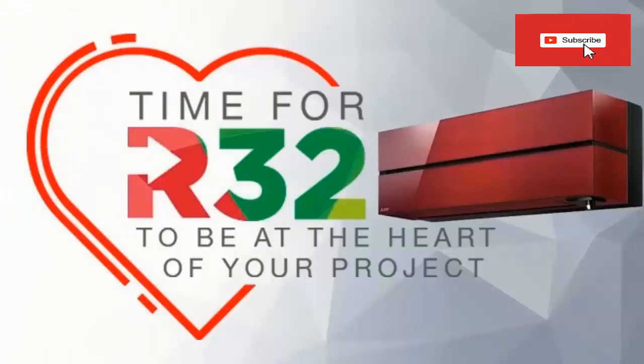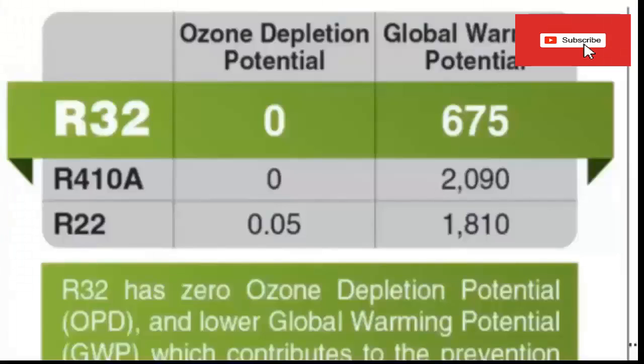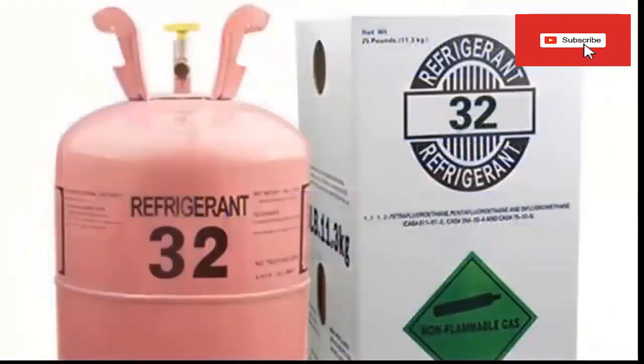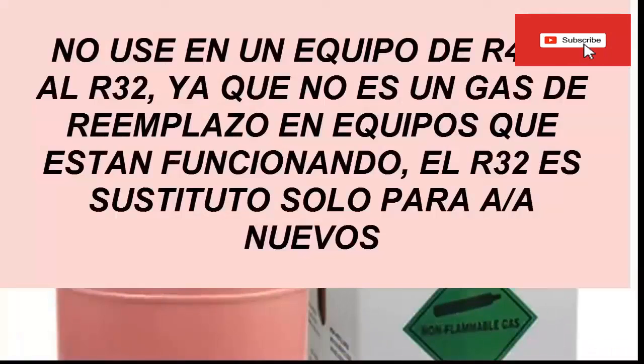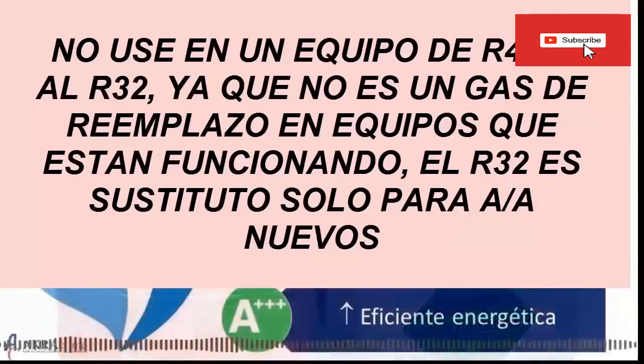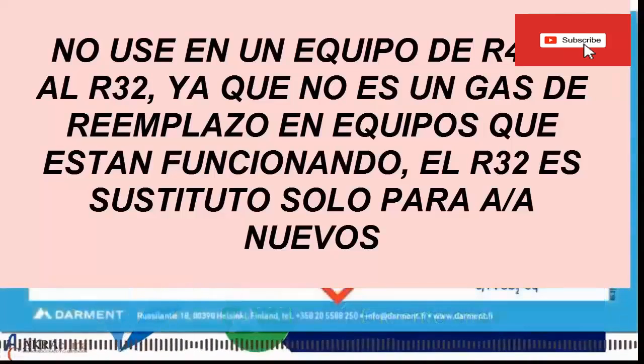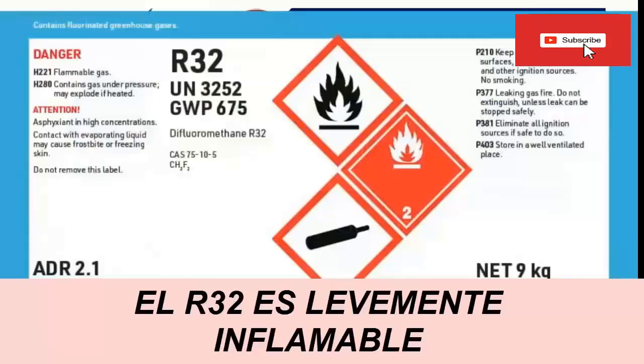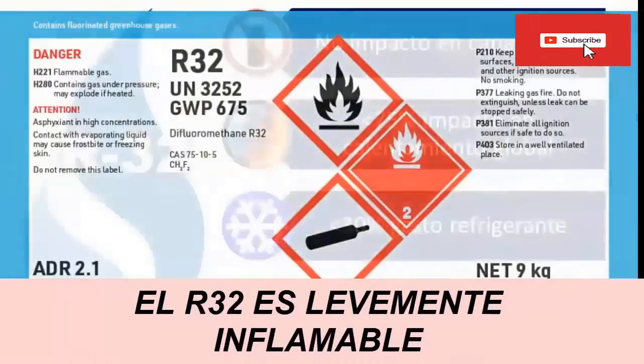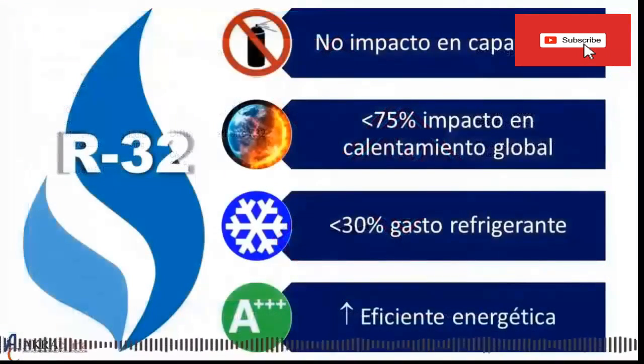Now let's study in detail the characteristics of the R32 refrigerant. 1. R32 refrigerant is classified as A2L, slightly flammable, with a global warming potential of 675. 2. Refrigerant manufacturers have clearly stated that R32 refrigerant is not suitable for operating in systems designed for R410A. 3. A system that was originally designed for R410A will not have taken into account the safety factors required when using an A2L refrigerant, and can create a significant safety hazard. 4.